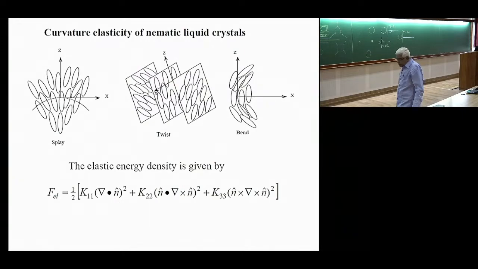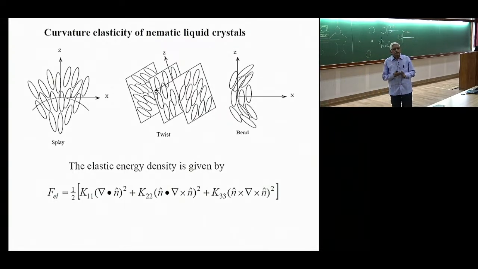Of course, once you have an order, you have a relevant elastic response of the medium. Here you have an orientational order, and therefore you have what is called curvature elasticity. See, the vector n is a vector in spite of the fact that it is an apolar vector. Any vector field has only two spatial distortions.